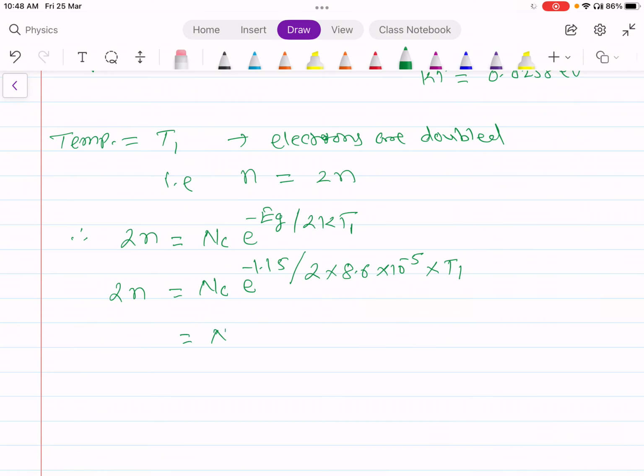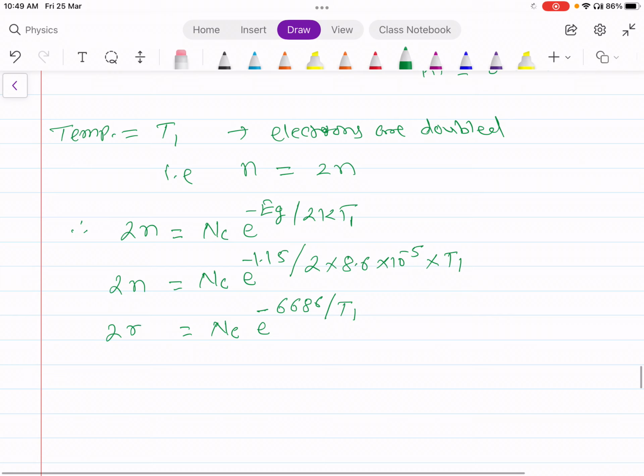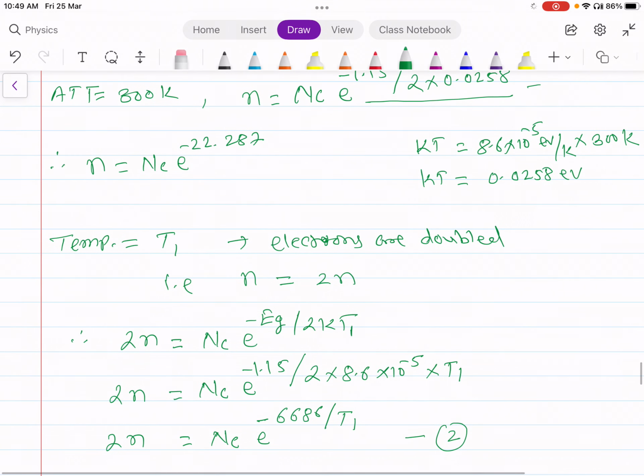Let us simplify it. You get Nc into e raised to minus of 6686 upon T1 after simplification. So this is equal to 2N. Let us say this is our equation 2 and this is our equation 1.